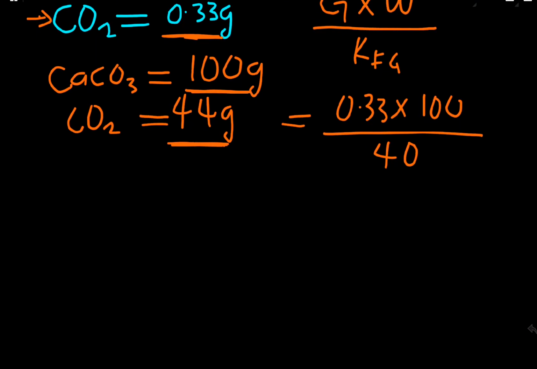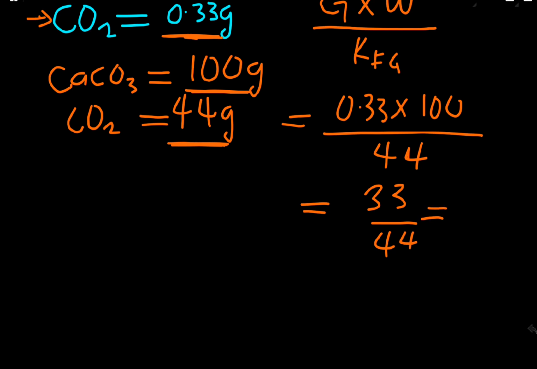So going further, I would punch my calculator here. You could do the same. 0.33 times 100 would arrive at 33 divided by 44, sorry, my bad, it's supposed to be 44, not 40.